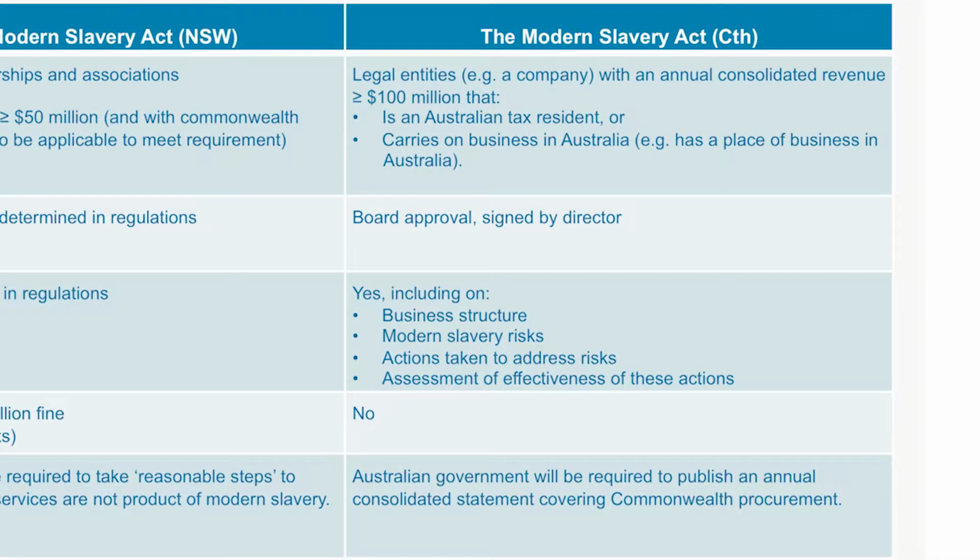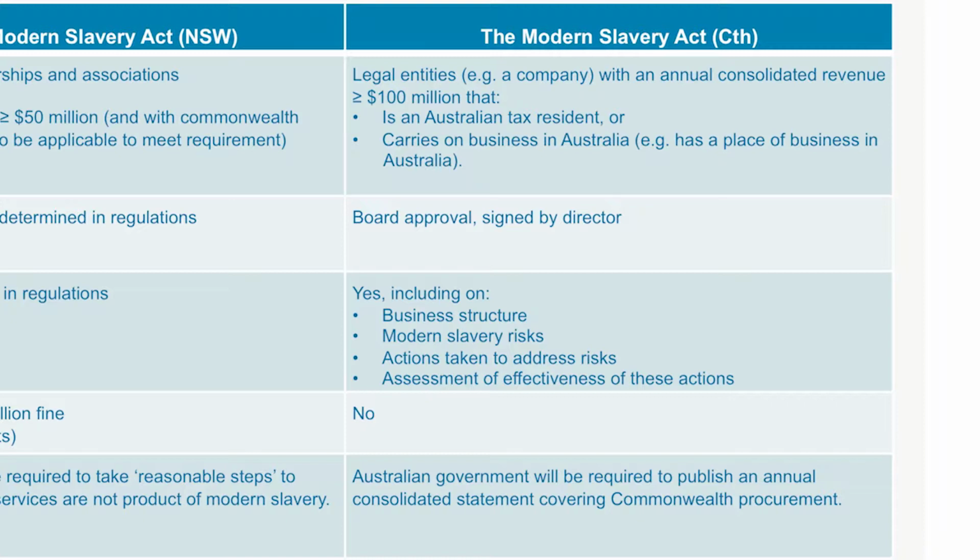Most of you have probably heard of it, but just to summarize, primarily companies with more than $100 million of global consolidated revenue with some form of operations in Australia are required to report. It's an annual reporting requirement that has to be approved by the board.